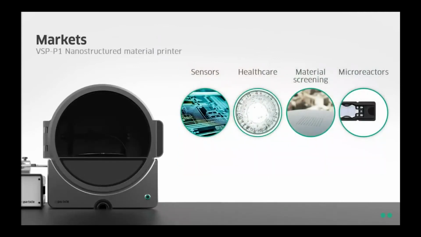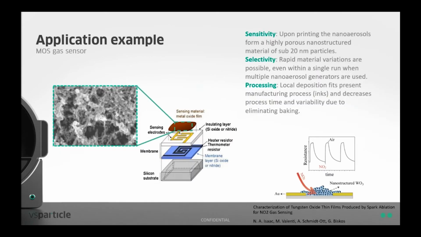The markets that we focus on are sensors, healthcare, material screening, and microreactors. So I will give you 2 examples of applications that we're working on. One is a metal oxide semiconductor gas sensor, which consists of several different components, including a heater and electrodes. But what we do is we print the top layer of the sensing material.